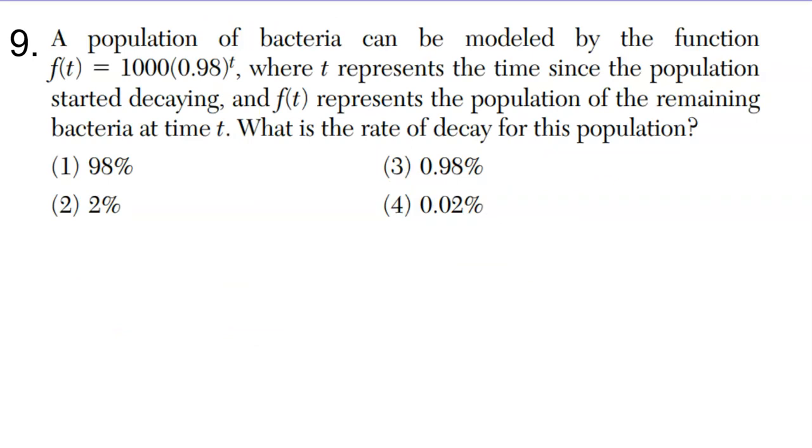Number 9. The population of bacteria can be modeled by the function f of t equals 1,000 times 0.98 to the t power, where t represents the time since the population started decaying, and f of t represents the population of the remaining bacteria at time t. What is the rate of decay?